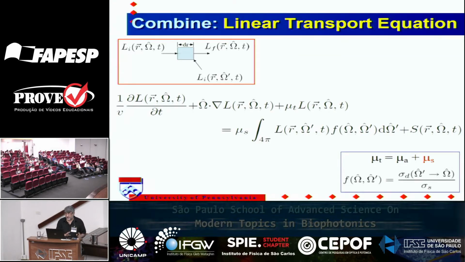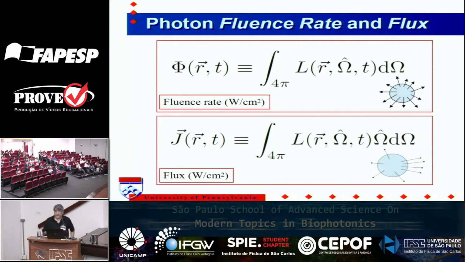And in anticipation of solving that, I want to introduce two new variables, which are related to the radiance, which are going to come out of our solution. One is called the fluence rate, that's phi, and basically that's the angle integral of the radiance. So that's, if you like, the photon concentration, almost. You can think of it that way.